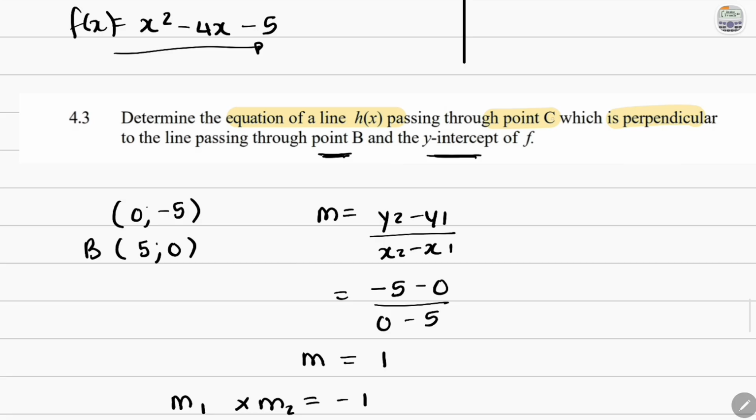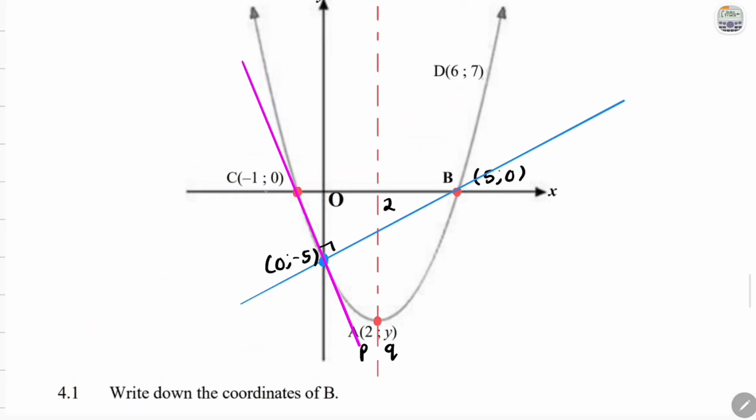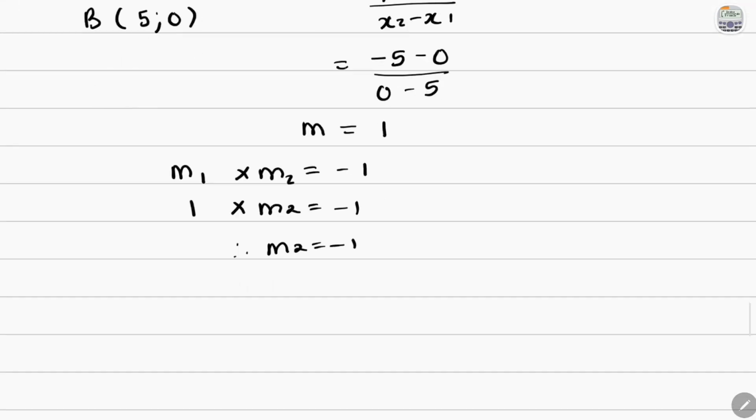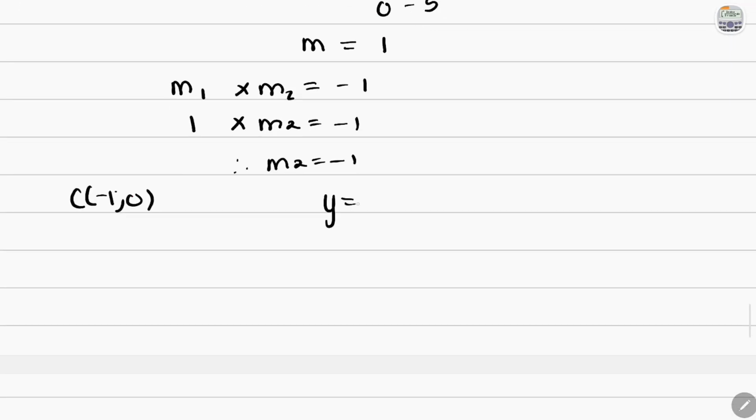But they also tell us that the line passes through point C. Okay, so just take point C and we would find the full equation. So it's (-1, 0). And now we can find the equation of the line. You can use y equals mx plus c, or we can just use y minus y1 equals gradient multiplied by x minus x1. This is x1, that's y1.